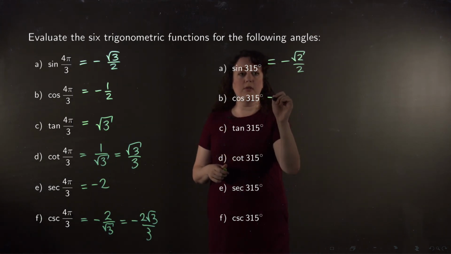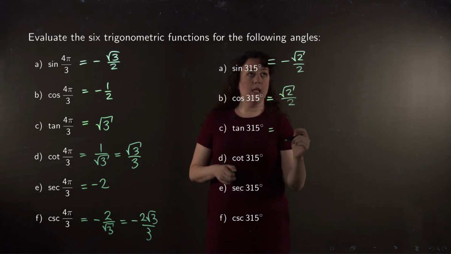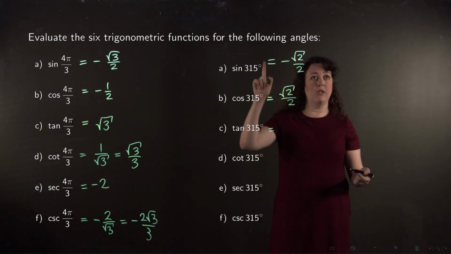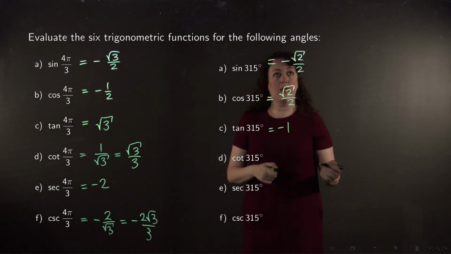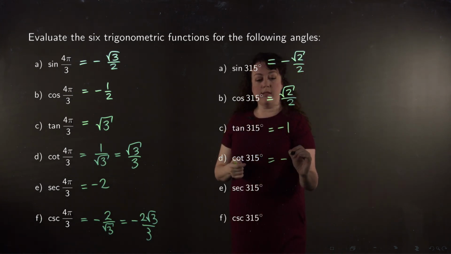Cosine is also square root of 2 over 2, but it's positive in the fourth quadrant. And then tangent, so sine divided by cosine, those are the same value. They just have different signs, so one's negative and one's positive, which means tangent's going to be negative 1. Cotangent, if I flip over negative 1, it's still negative 1.